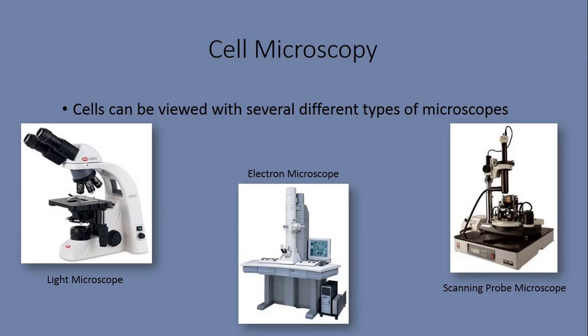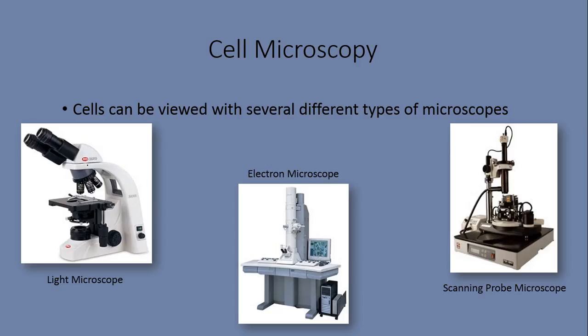Now, the light microscope is used most often in academic settings as well as in medical laboratories, and they have lens objectives that can magnify 40 times, 100 times, 400 times, and 1,000 times. These are the usual objective lenses that can be found on the light microscope.